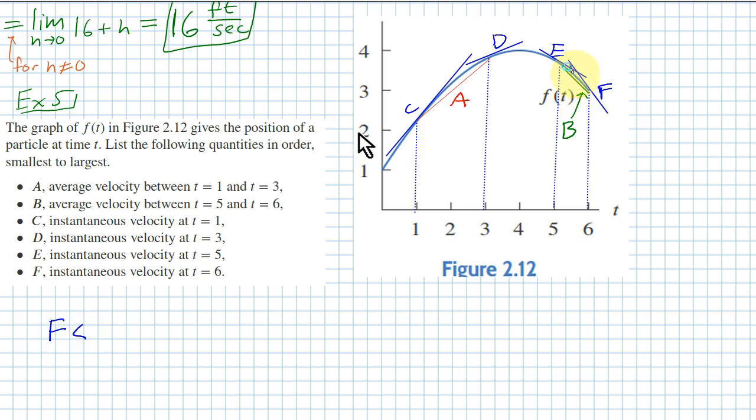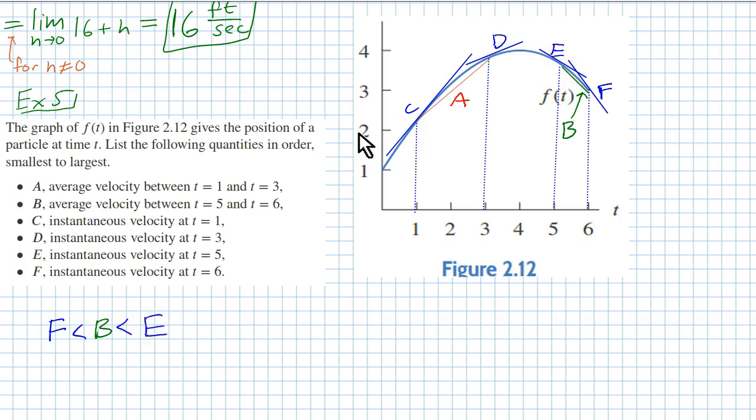And then the one with the next least slope, it looks like B. B, and then the next least slope, meaning a negative number closer to 0 now, is E.